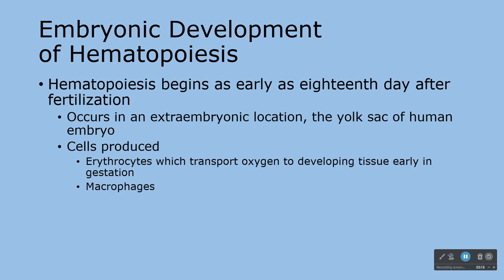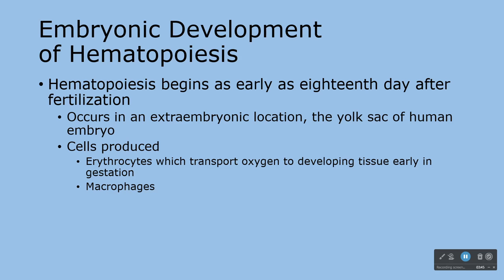So you got basically your placenta. The placenta attaches to the uterine wall, okay? Just like this. Then there is a little area of the placenta that is known as the yolk sac. Okay? The yolk sac. And this yolk sac is actually where hematopoiesis starts.